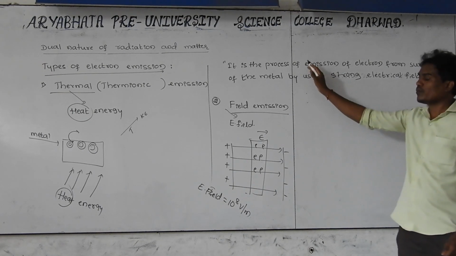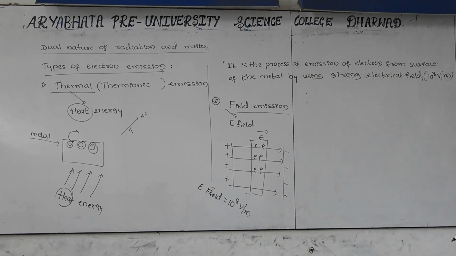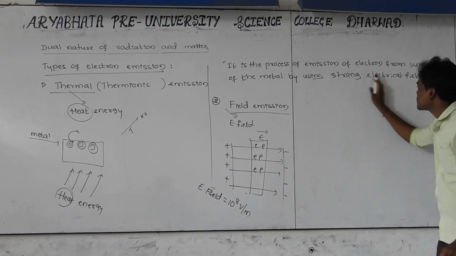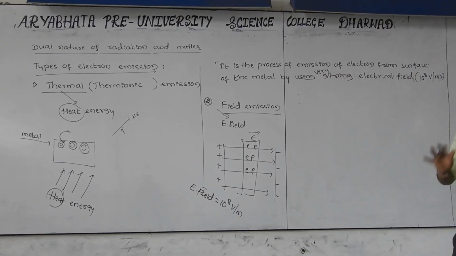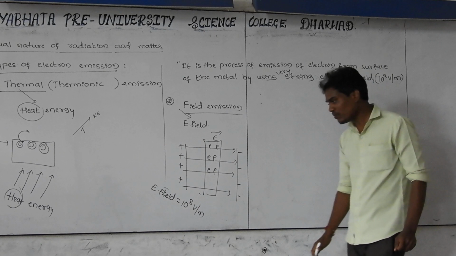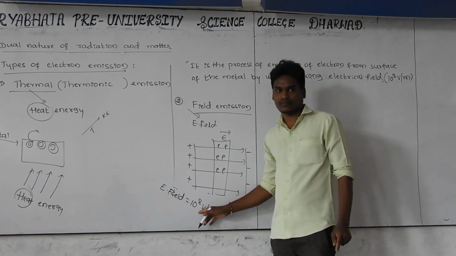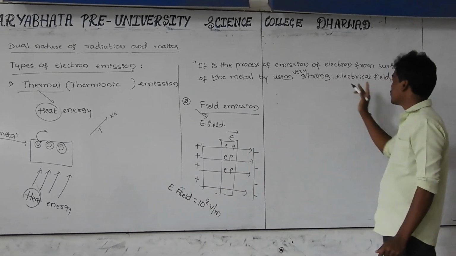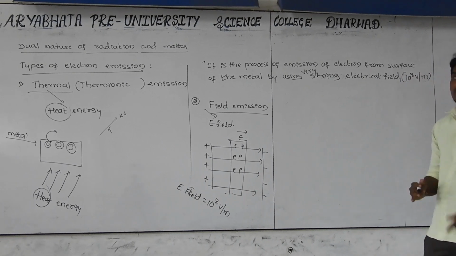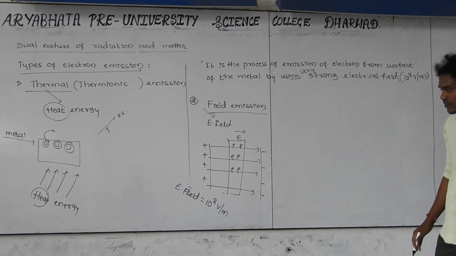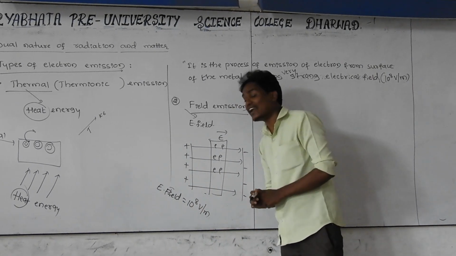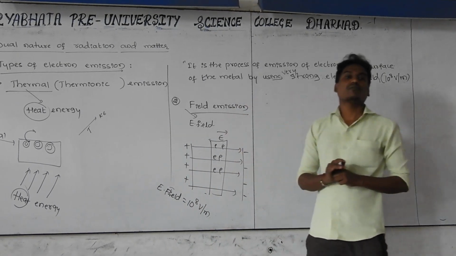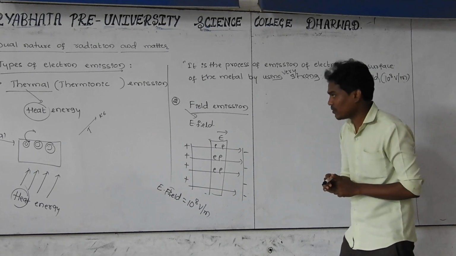Instead of saying strong, you can mention very strong electrical field, because it is of the order of 10 to the power 8. By using a very strong electrical field, there is a possibility to emit the electron from the surface of the metal. If the intensity of the electrical field is less than 10 to the power 8, there is no emission of electron from the surface of the metal.